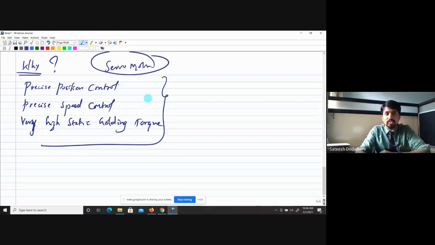Now, what does precise position control mean? For example, there is an object. This object has to be moved exactly 5 centimeters, and this object weighs around 5 kg. This 5 kg object should move exactly 5 centimeters and be placed here. So we use a servo motor to hold that particular object, and it moves precisely 5 centimeters and keeps the object there.